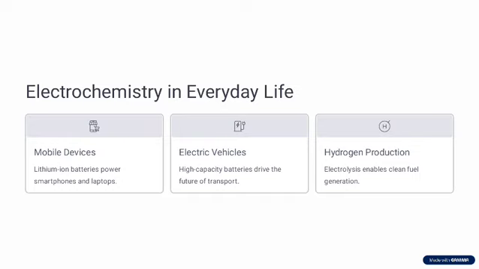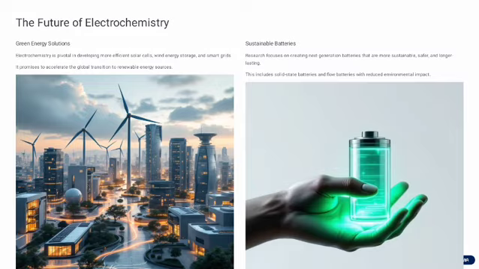In the same way, hydrogen production through the electrolytic cell enables clean fuel generation. Hydrogen is a very strong fuel, so it can be easily produced through the electrolytic cell. And the future of electrochemistry is very huge.